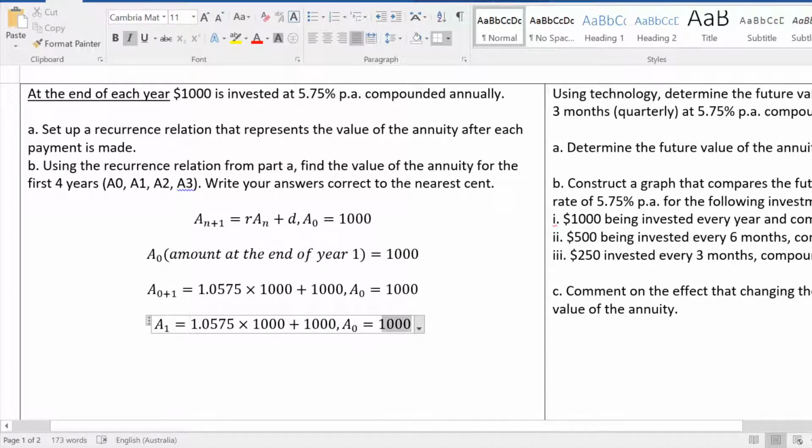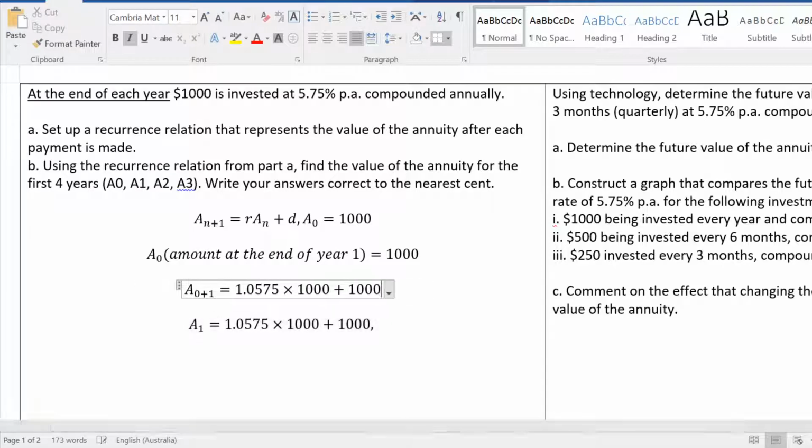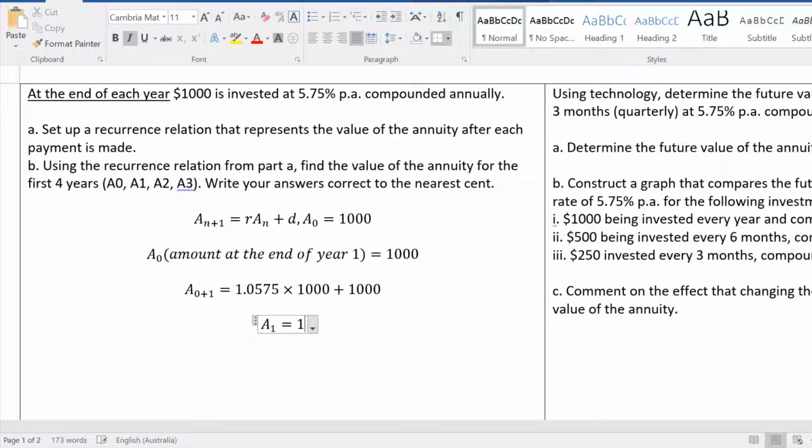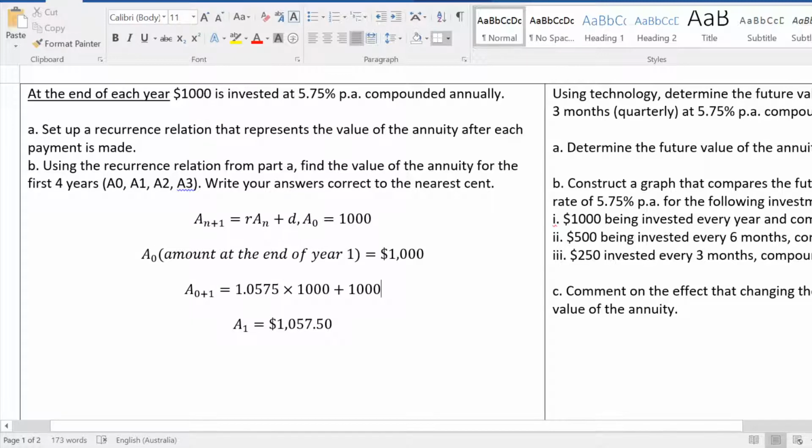We don't need the A0 there anymore. So putting that into the calculator, we get $1,057.50. That's what we end up with at the end of that year, using our recurrence relation.